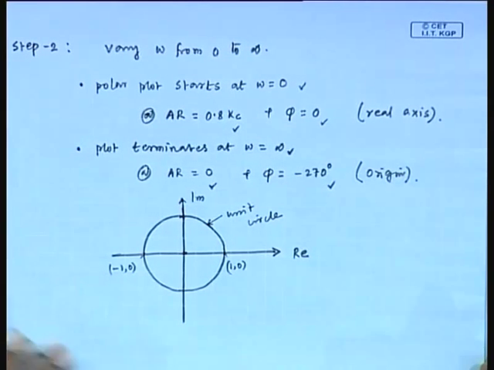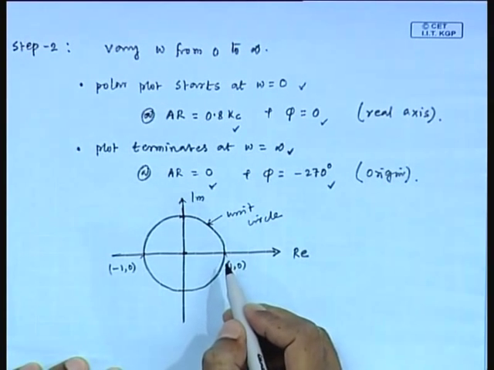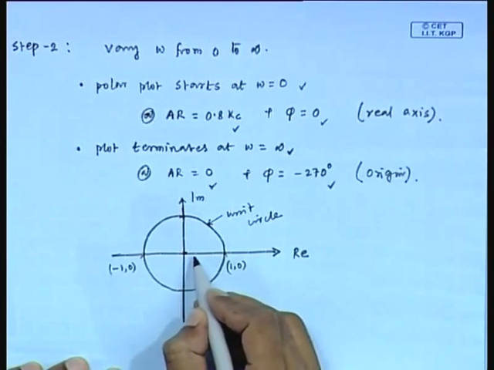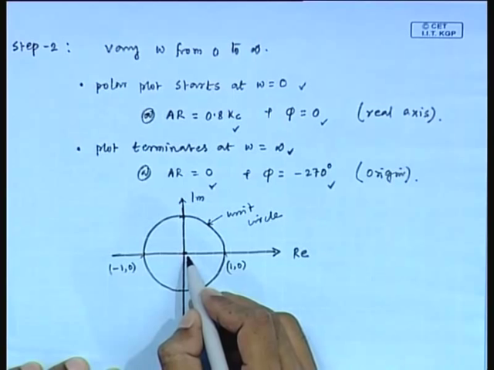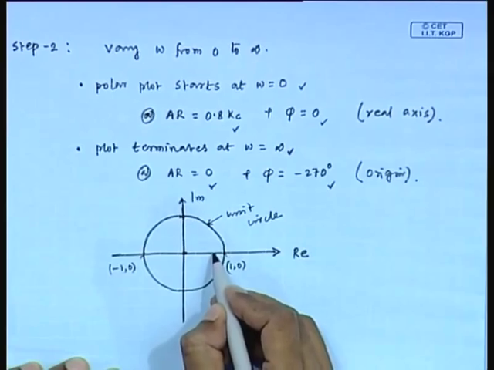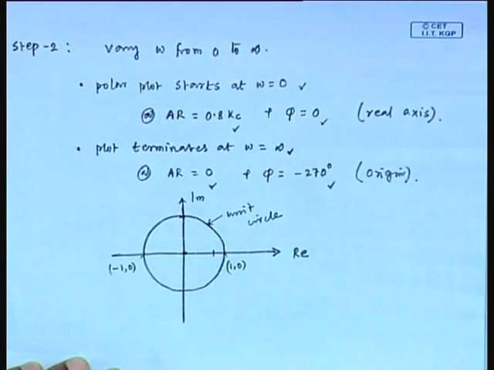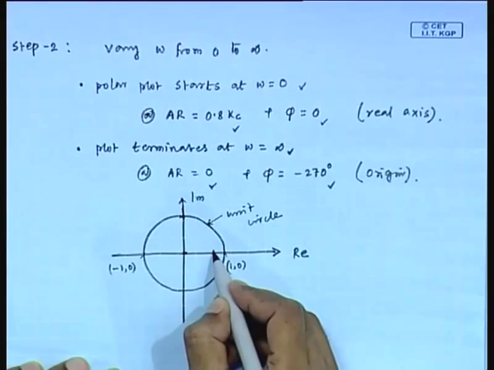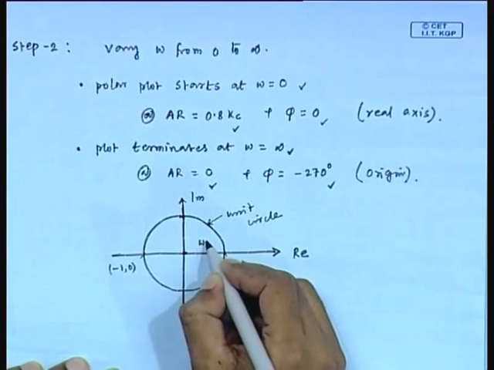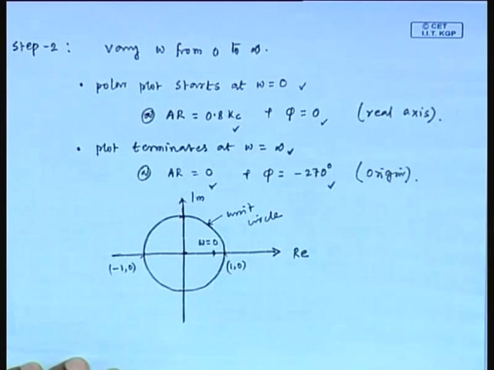Now, the plot starts at omega equal to 0 when amplitude ratio is 0.8 Kc. So, we will consider Kc value as unity, 1. That means the amplitude ratio will be 0.8 if Kc is 1 and phi is 0. So, we can locate the point here.